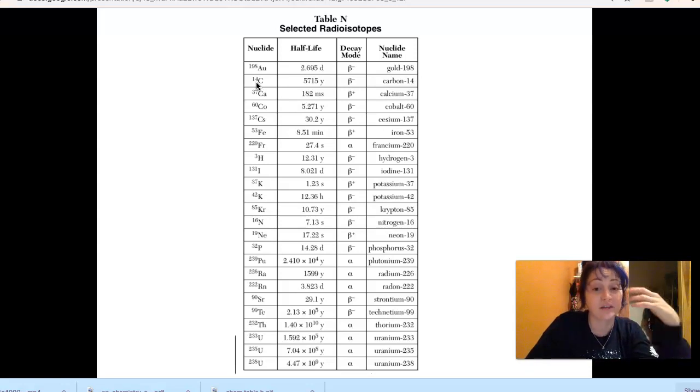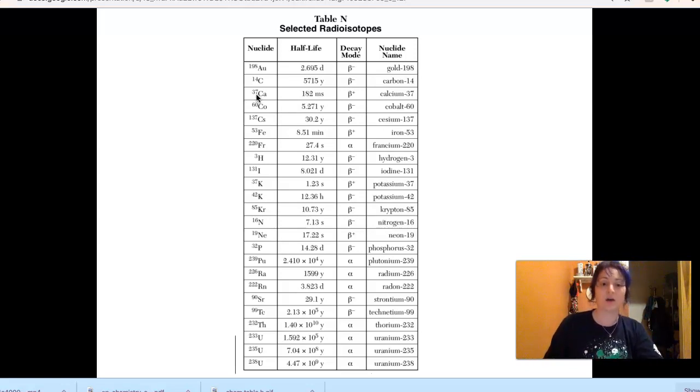That's neutron heavy, so as we said before, that's going to undergo that beta decay. And calcium-37 is a good example of a neutron poor nucleus. Calcium has 20 protons. That would leave that nucleus with 17 neutrons, which makes it neutron light, which is very unstable. So again, it's going to undergo that positron emission.